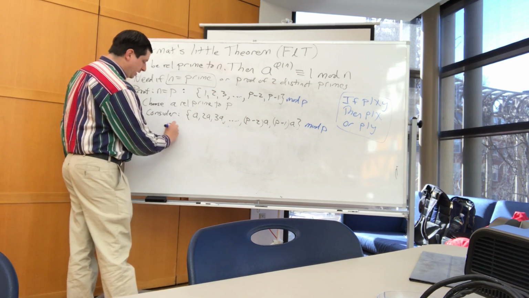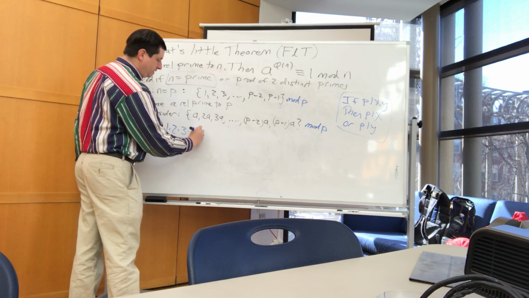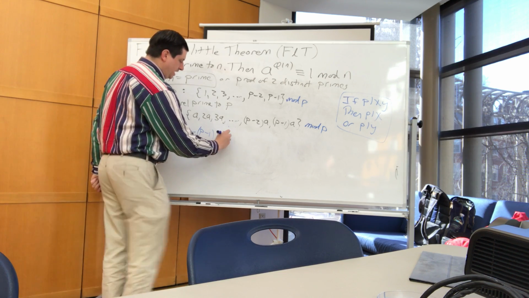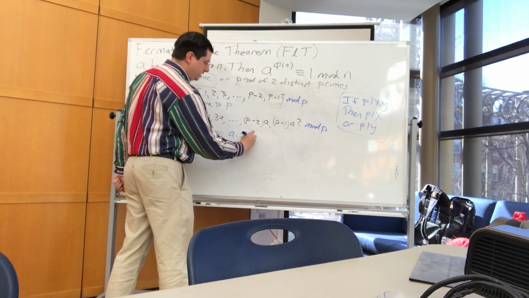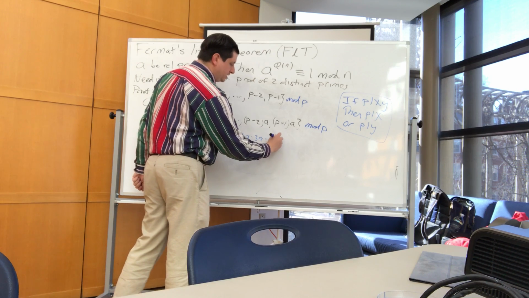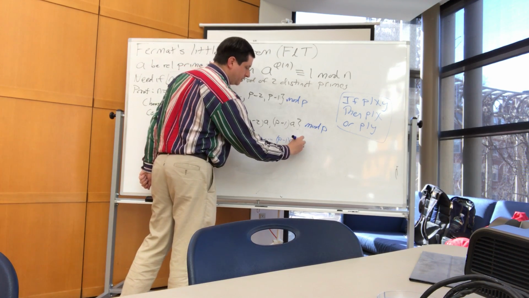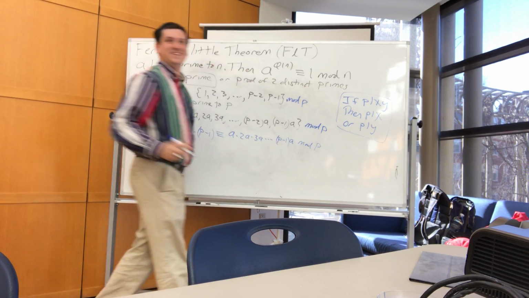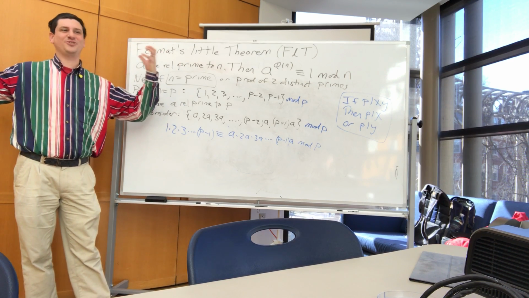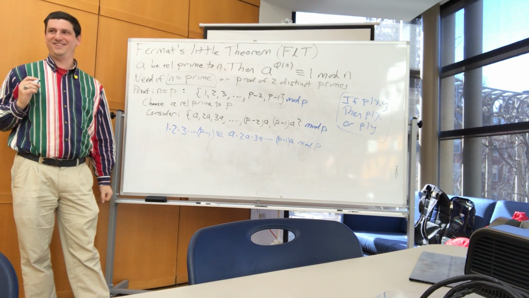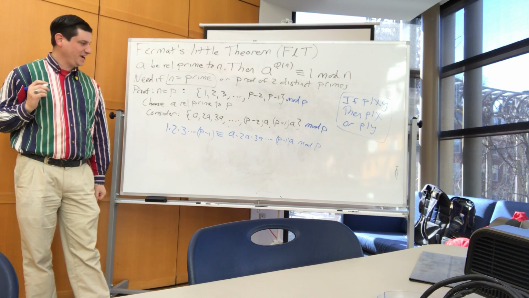So I get 1 times 2 times 3 times up to P minus 1 is the same as A times 2A times 3A times dot dot dot times (P minus 1)A. Ah, yes, it's always great as a mathematician when you hear something in the audience go, oh. So what do you notice both sides have?